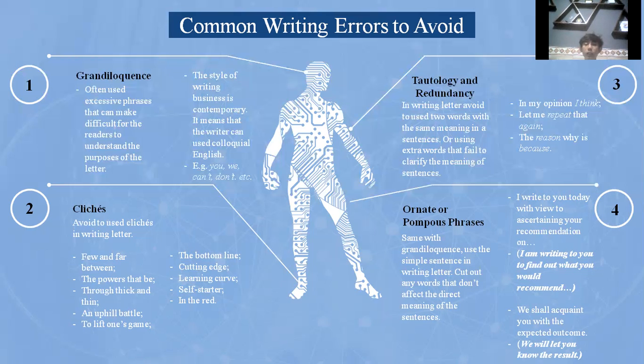I think the writer can write, "I'm writing to you to find out what you would recommend." I think it is a good sentence that has a good purpose and a specific meaning.